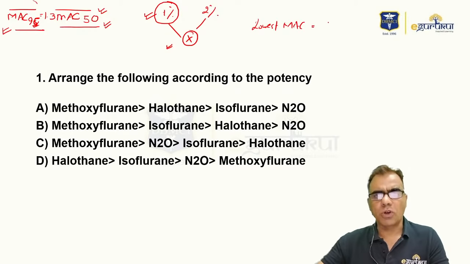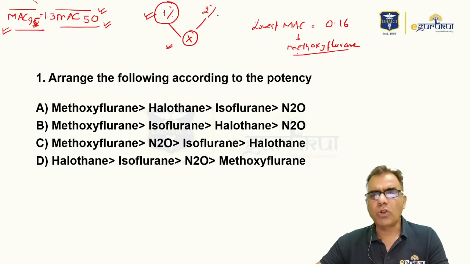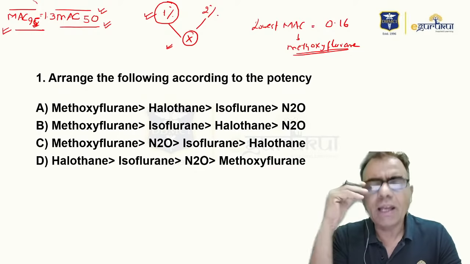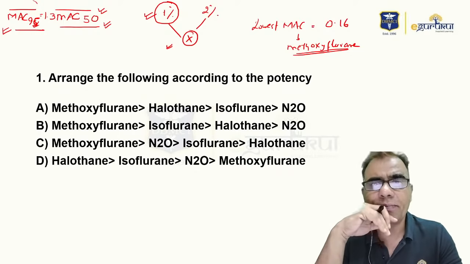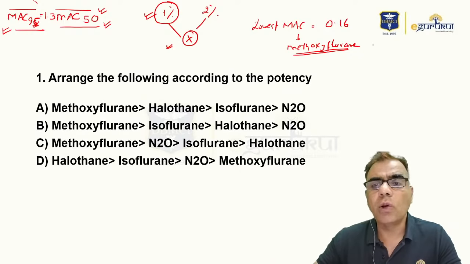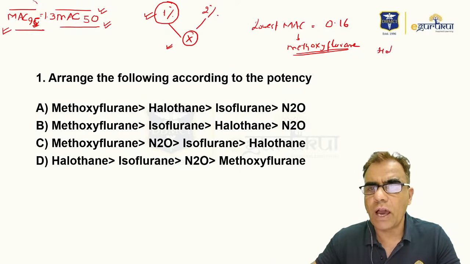The lowest MAC is of methoxyflurane, that is 0.16. So obviously methoxyflurane is the most potent. However, methoxyflurane is not used nowadays in clinical practice; it's an obsolete agent. Among the agents in current use, the lowest MAC is of halothane.